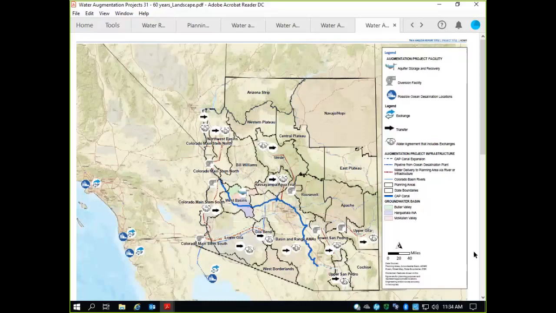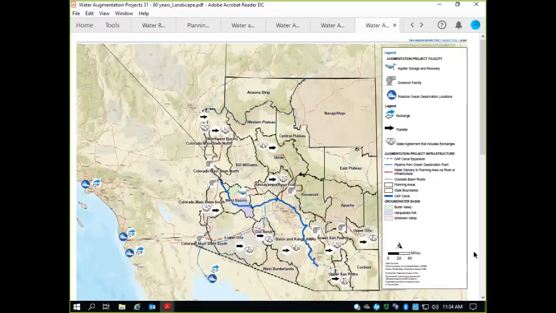Within each planning area here in Arizona, you can see the pump and pipeline, and those are not intended to specifically say a pump station and a pipeline. Those are symbols to represent that once we get the water into central Arizona through the canal or some other means, we could then, through exchanges or transfers or whatever, move that water to other areas.